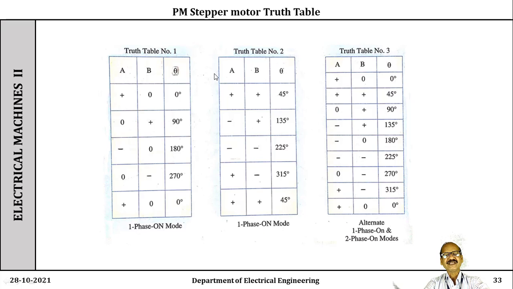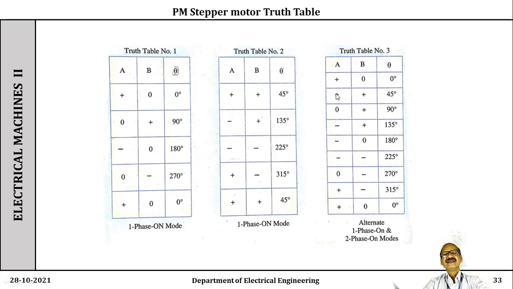Now for half stepping, if you combine the sequential operation of one phase on mode and two phase on mode, you will get half steps, as shown in Table 3. Now pay attention to the sequence. The sequence is A plus, the angle is 0.